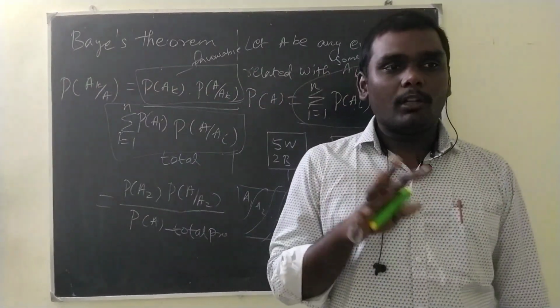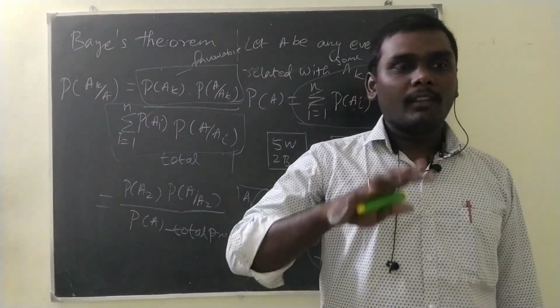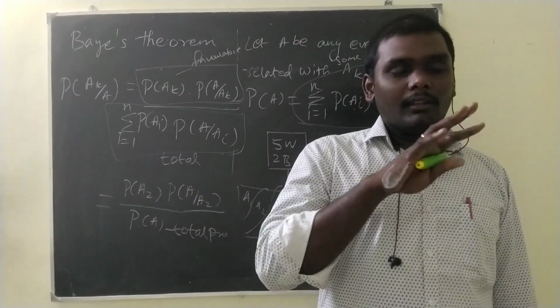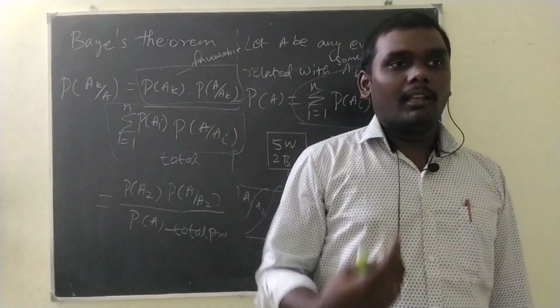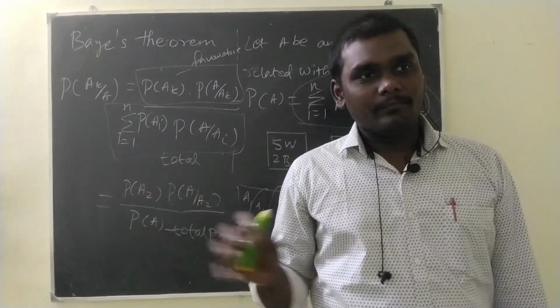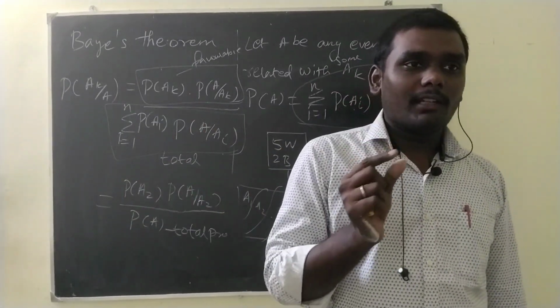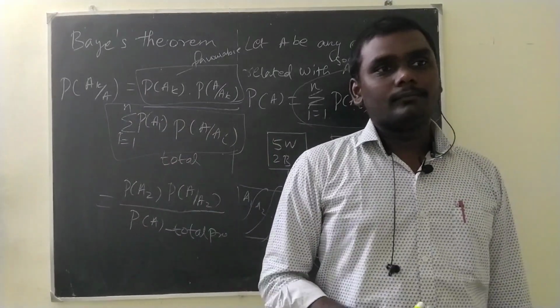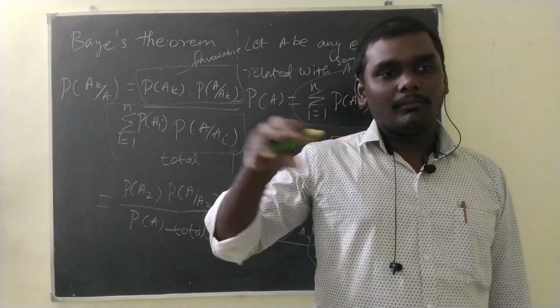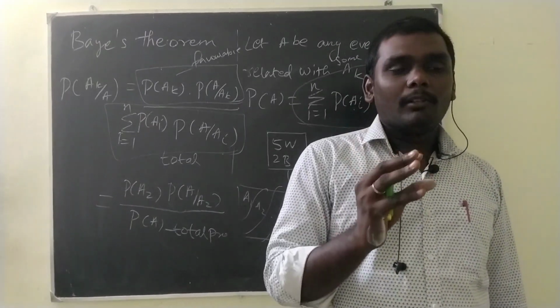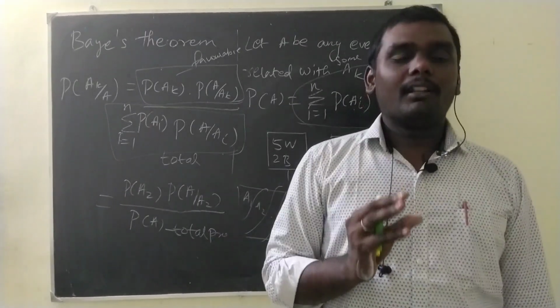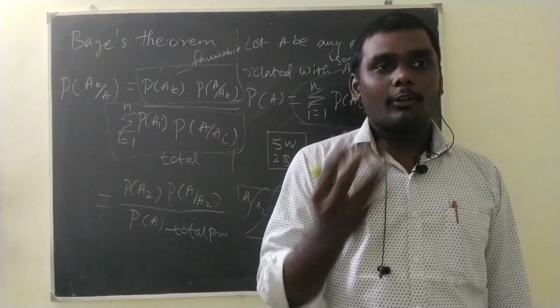In short, what I can say about total probability and Bayes theorem is, if there are certain boxes or certain urns in a theoretical manner, certain events, one single event is associated with any one of these, or some events in these. If you want to calculate the probability of happening of that particular event, we can calculate total probability.